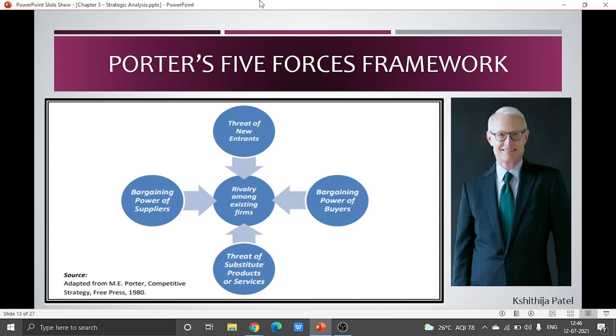As you know, this 5 force framework was developed by Michael Porter, and it is the most widely used analytical tool through which we assess the competitive environment.